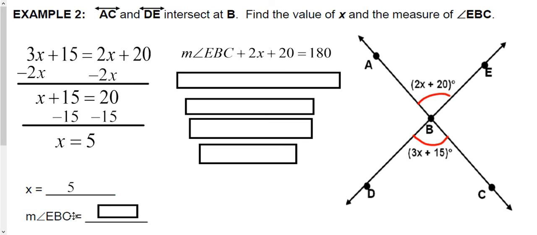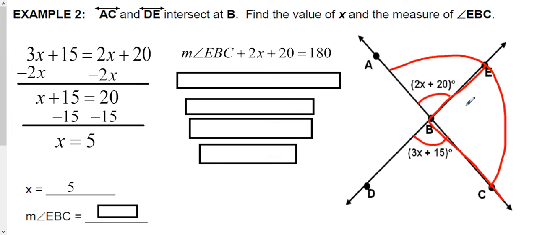Let's see. Angle EBC. EBC is this angle right here. E to B to C. So we don't know anything about this angle, except that it's side by side with this one and forms a linear pair, so these two angles have to add up to 180.